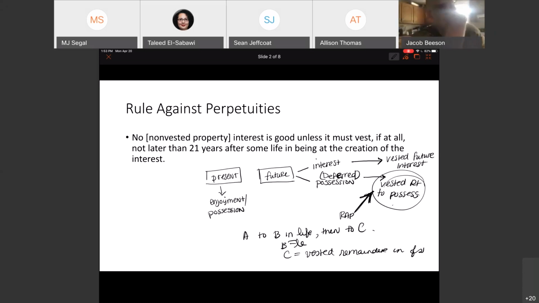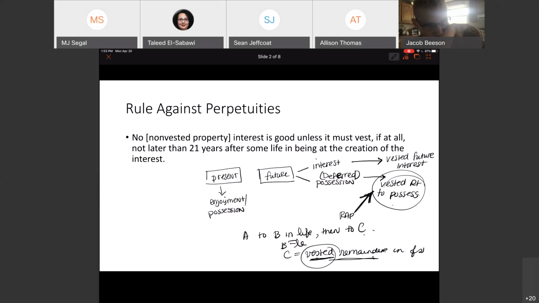Okay, so this is vested even though C doesn't get possession of it until B dies. Right. So what are we talking about here? We're just talking about the interest for the future. He has a future interest, and that future interest has vested, meaning there are no conditions on it, and this person is ascertainable.